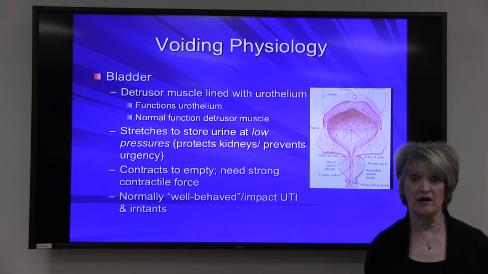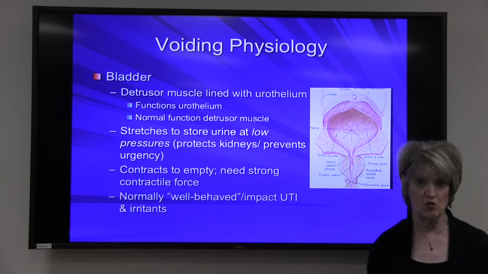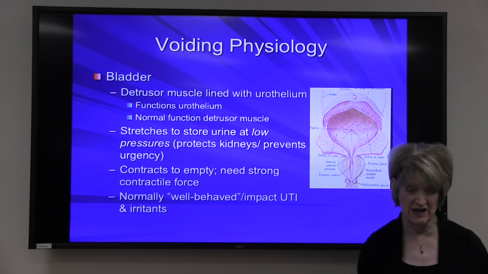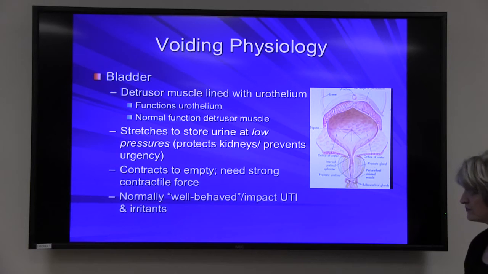When we talk about interstitial cystitis, one theory as to what causes the intense pain and inflammation of interstitial cystitis is that there's damage to the urothelium and the irritants in the urine are allowed to contact the bladder wall. We need a lot more data, but that's one theory.